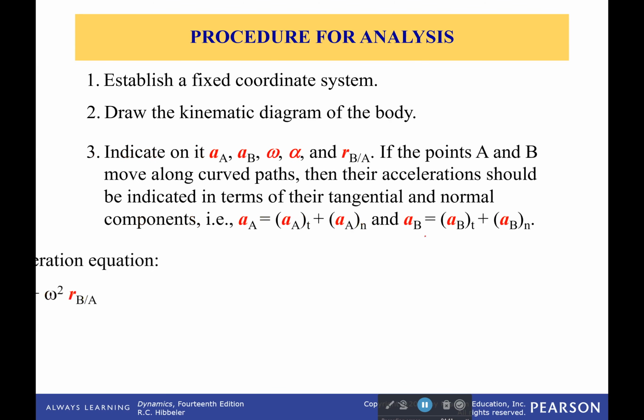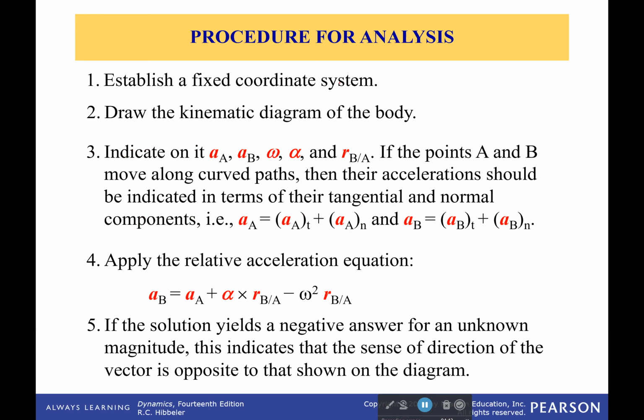Okay, so what's our procedure for analysis? I'll go ahead and show all of it. First off, set up a coordinate system. That's always helpful. Then draw your kinematic diagram of the body. I hated this at the beginning, but it's actually very, very helpful now. So draw the direction and sense of the acceleration for every point that you can tell. Then indicate it on all these values and set up your normal and tangential components if you need to.